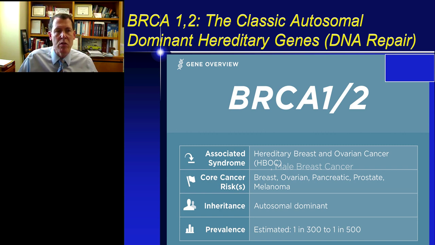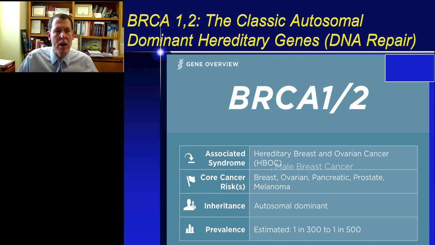So BRCA1 and BRCA2 encode proteins that help our body cells repair themselves from DNA damage. So you can understand if this gene is mutated, causing a messed up BRCA protein that then doesn't repair a person's DNA properly, it's going to lead to an excess risk for cancer.